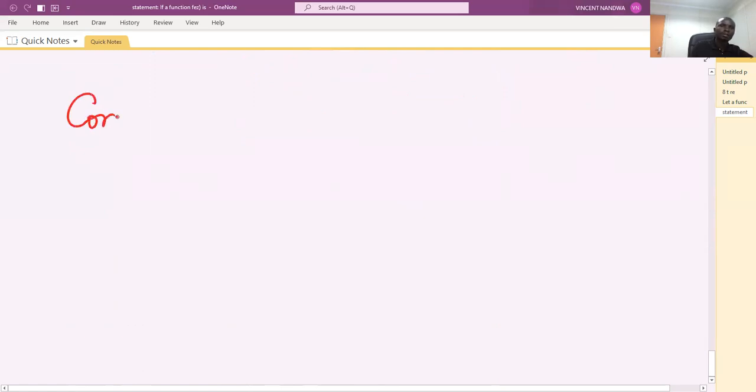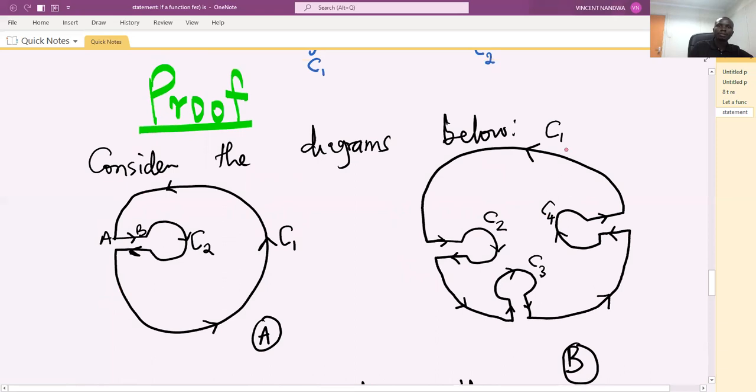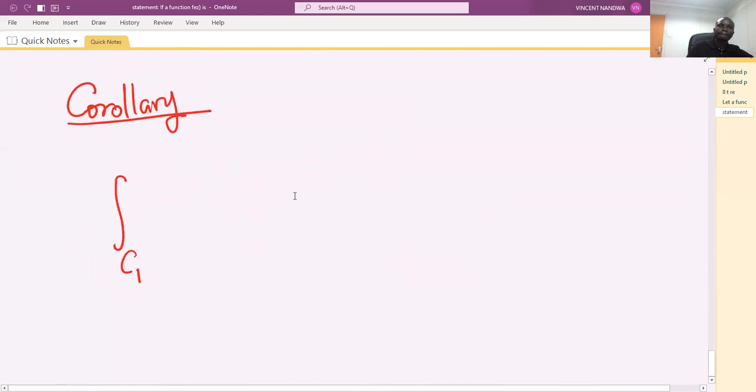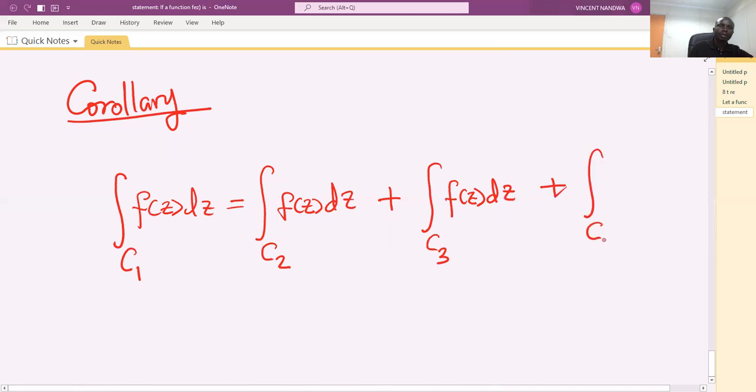So, the corollary: the integral along C1, now I'm referring to the diagram in B, this curve C1, of the function f of z dz is the same as the integral along C2 of f of z dz, plus the integral along C3 of f of z dz, and then plus the integral along C4 of f of z dz.